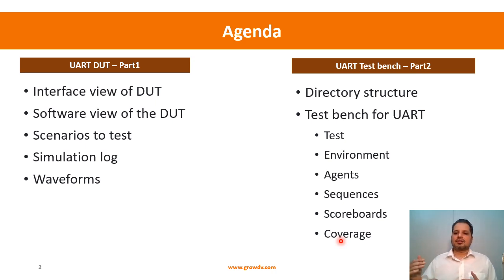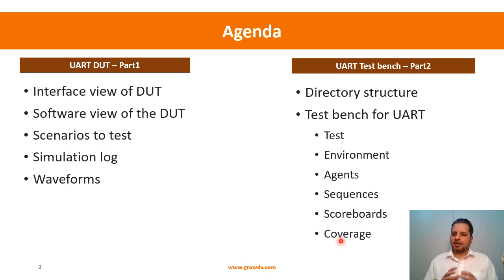And while doing all this, we are going to relate to all the core concepts that we have already been introduced to, right? Each of those core concepts that we have learned, be it test intent versus the environment separation, how exactly that is happening, how the test is raising and dropping the objection, what it means when a sequence gets started, how the sequence item goes, what exactly is the transaction, each of the concepts that we have introduced, how to implement them in one of the possible ways, which will definitely hold up for 60 to 70% of any test bench that you will look at.